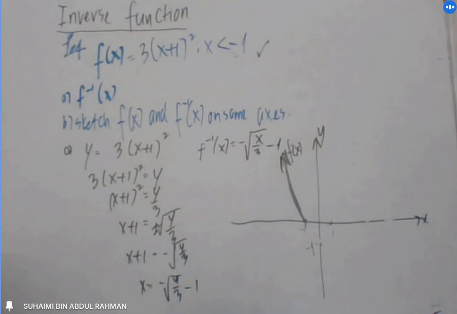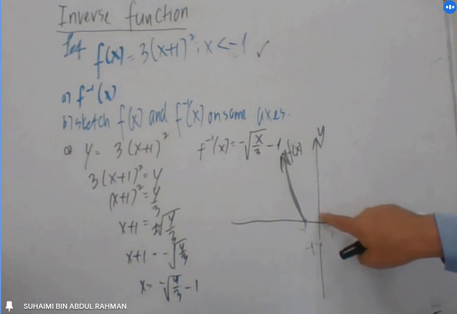If let's say we want to sketch using transformation, we have to start with the square root function, not the square function, the square root function for this.